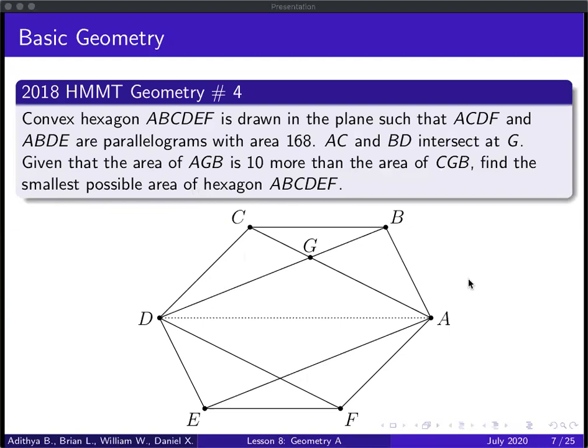Again, I'll give you guys a bit to think about it and then send ideas in the chat. Also, remember to copy down the diagram if you haven't already.